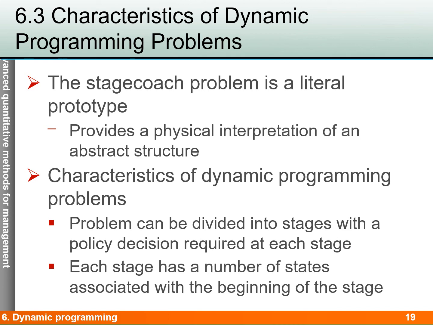As you remember, in this stagecoach problem that was minimizing the cost, we focused on each step, and by finding the optimal solution that was the minimum, we just moved backward to find all the steps, and then we found the correct solution. And each stage has a number of states associated with the beginning of the stage. Obviously, all the nodes that were related to that stage.